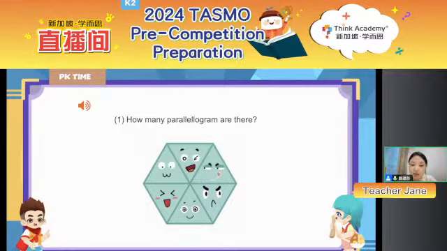We just said that a parallelogram means both pairs of sides are parallel, right? So how can we find a parallelogram like this? Okay, everyone, you can count by yourself, then type your answer in the chat box, okay?